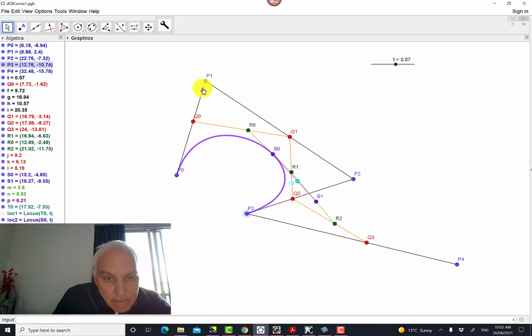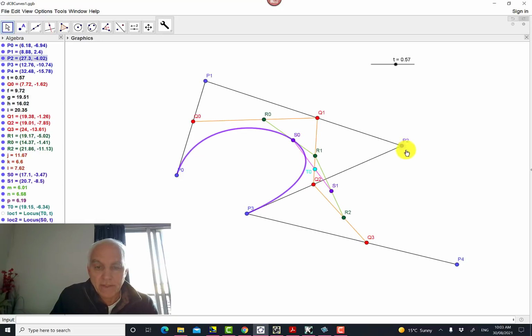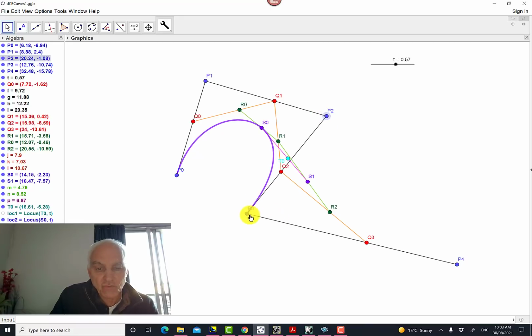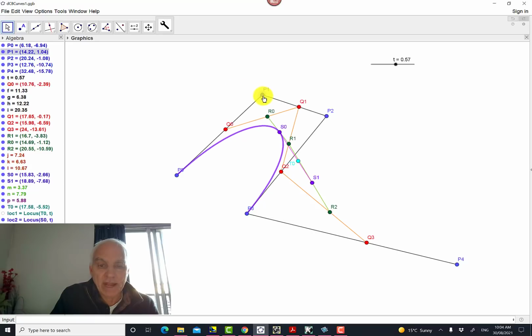So this segment here is dictating the initial direction of the curve, and this segment here is dictating the final direction. So if we fixed P0 and P3 and just moved P2 and P1 around, then of course the endpoints are staying fixed, and we can change the direction in which the curve is emanating from those endpoints.